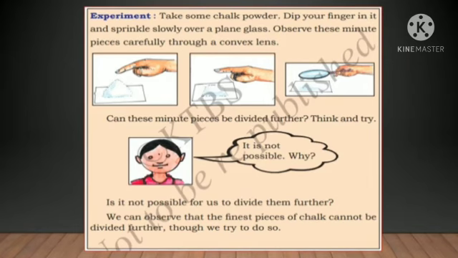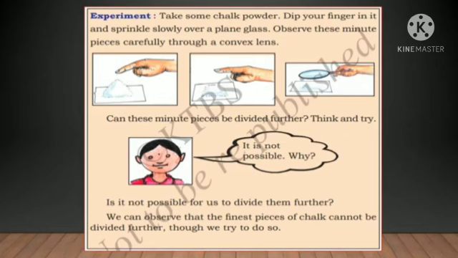Observe these minute pieces carefully through a convex lens. Can these minute pieces be divided further? Think and try. If you try powdering the chalk, can you do it further? Is it not possible for us to divide them further? We can observe that the finest piece of chalk cannot be divided further, though we try to do so.